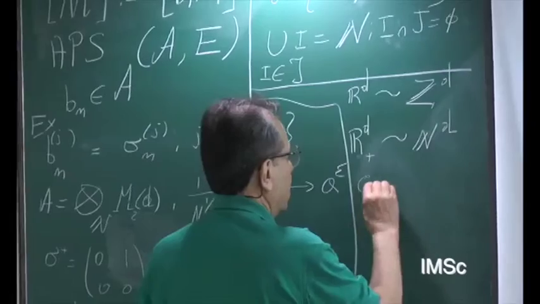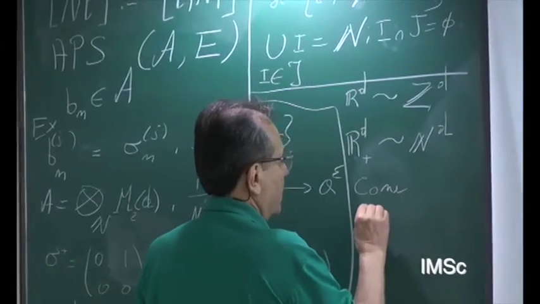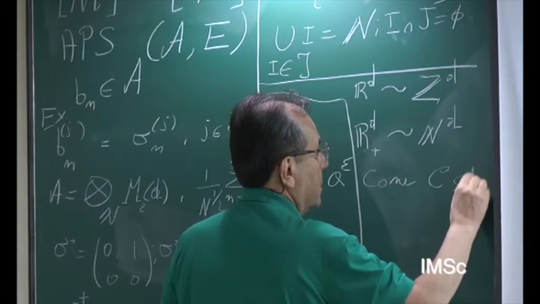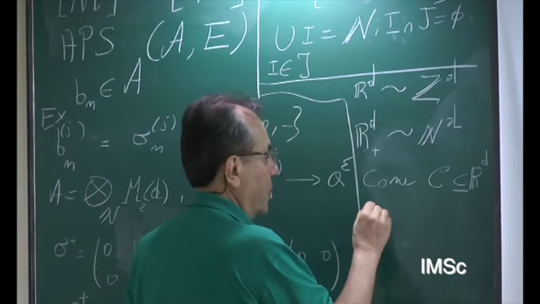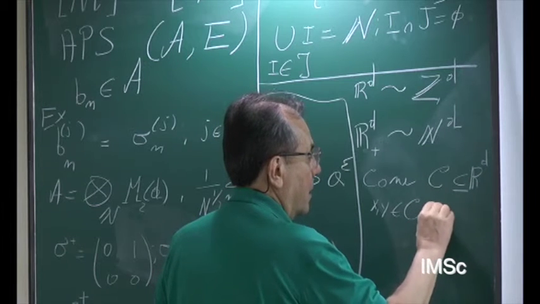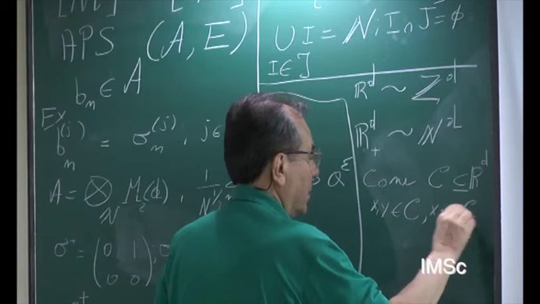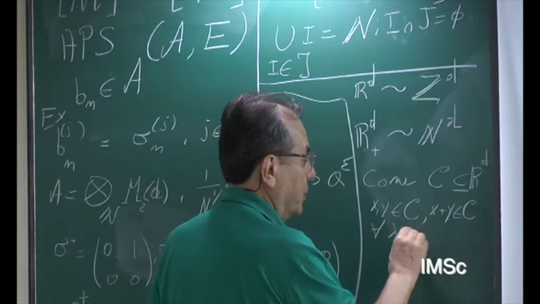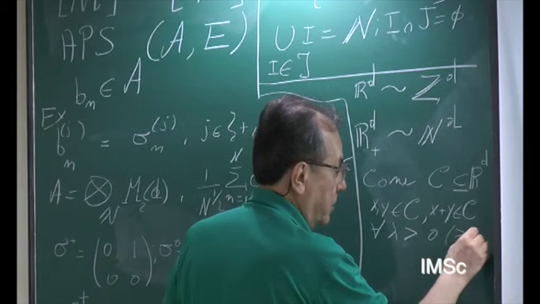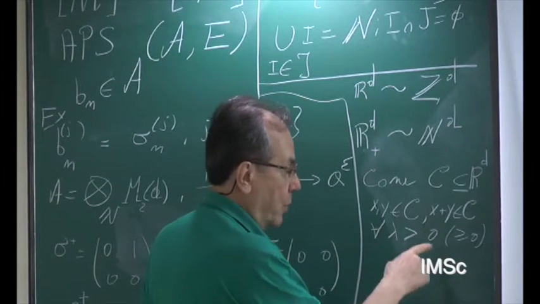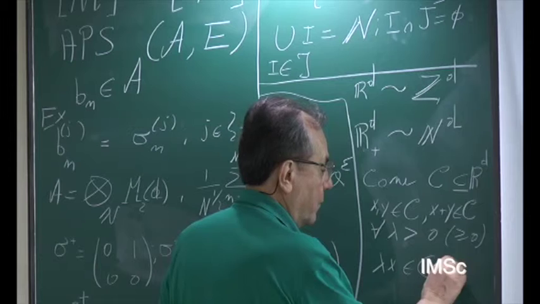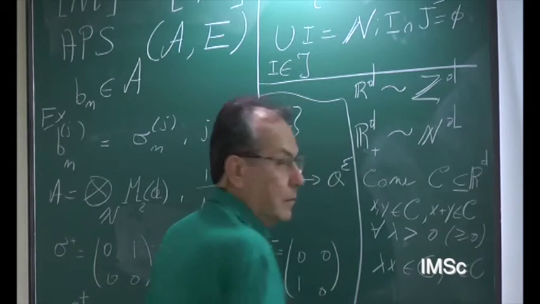Cone means that, let us say, C contained in Rd is a cone if the sum of two elements in C is in C, and for every positive lambda, you can also put greater than or equal, this depends on the definition, open cone or closed cone, lambda x is in C whenever x is in C. Okay?